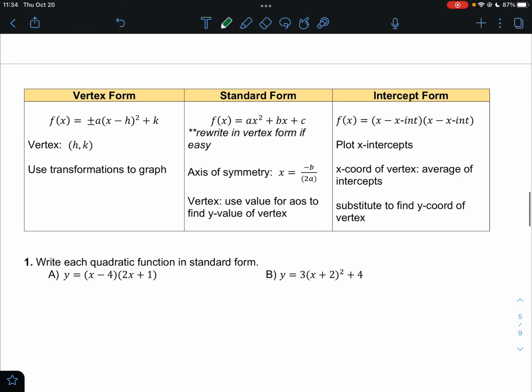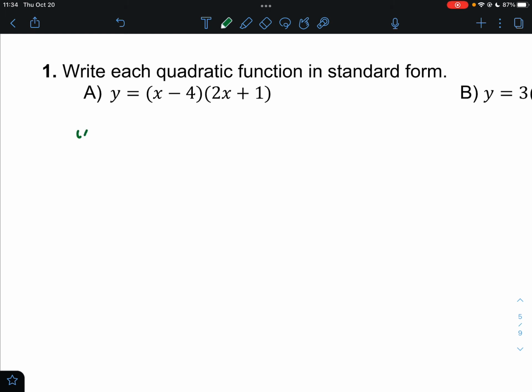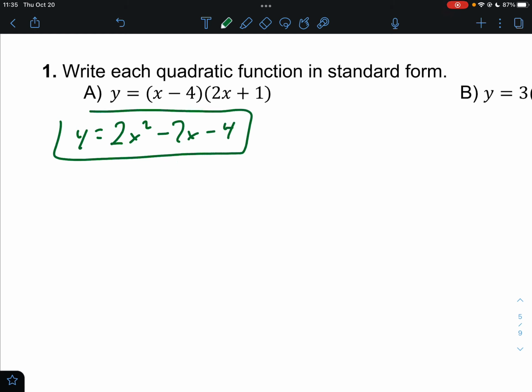First we're just going to start practicing writing these in standard form. So what does that mean? We want it to look like this when we're done. For 1a, we're just going to distribute. And we get 2x squared minus 8x plus 1x, so minus 7x minus 4. And that's your standard form.